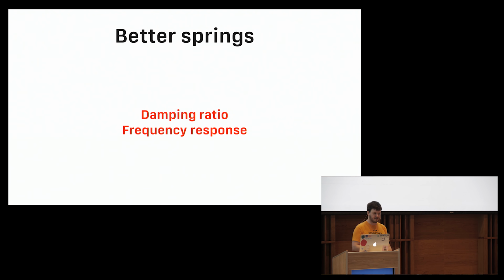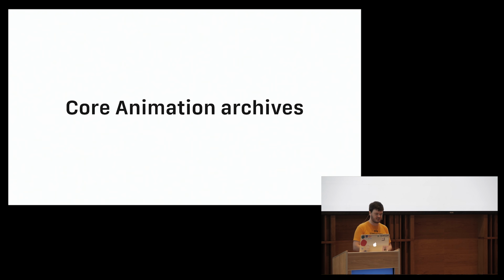So he proposes that we define springs using damping ratio and frequency response, just these two properties. And he shared some math, again, that I don't understand, that does the calculation based on these two properties. And just by tuning these two properties, you can get really nice spring animations.